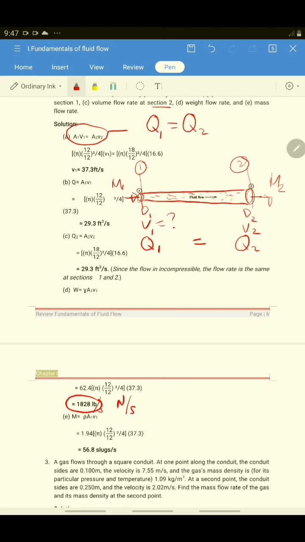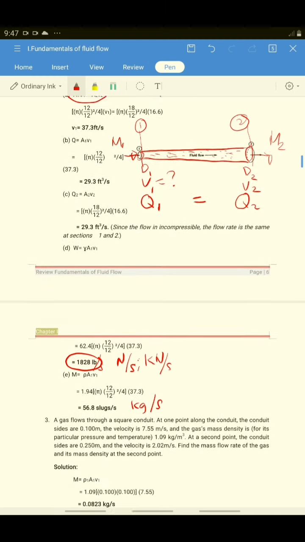Or you can express it in Newton per second or in kilonewton per second. Also, for the mass flow rate, you can also express in kilogram per second. Okay, because there's no required units in the problem.